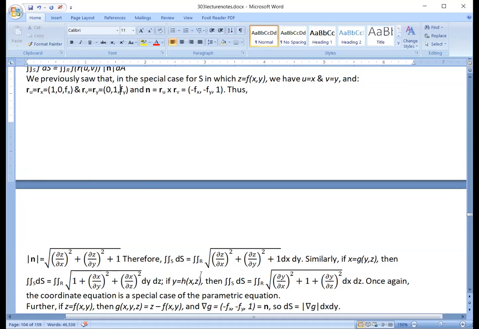I bring that up because previously we've used this method in order to find normal vectors for a surface written in terms of z equals f of x y. I just wanted to make this side note to make the connection between the normal vector that we found previously using the gradient and the normal vectors that we're doing now. They really are connected, and in that special case, the same method still works.